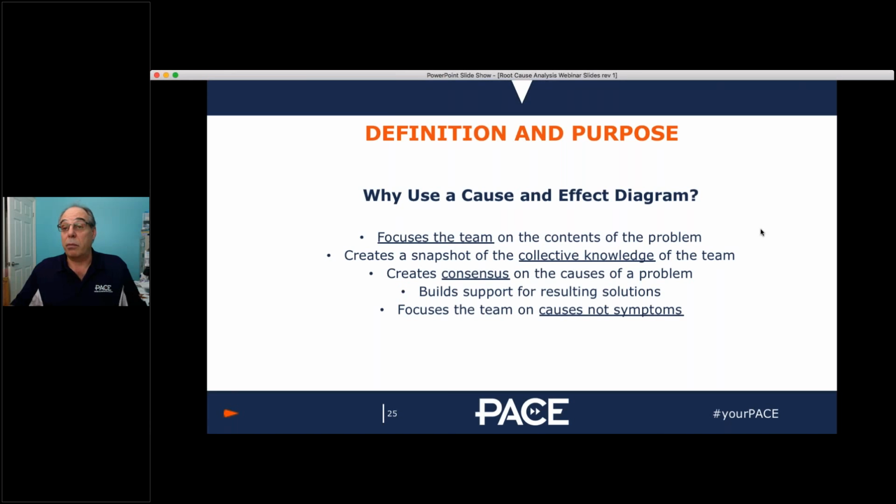It gets you to build support amongst your team, so you have a team that's all headed in the same direction, which is very important. And it focuses on the causes and not the symptoms, because we tend to always try to solve the symptoms when we should be really looking deeper at the causes. If we fix the cause, the symptoms disappear. And that's the beauty of that.